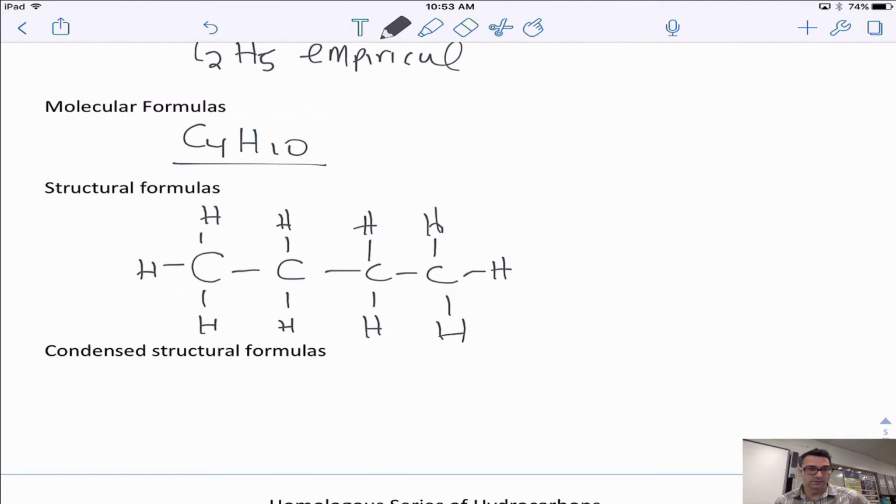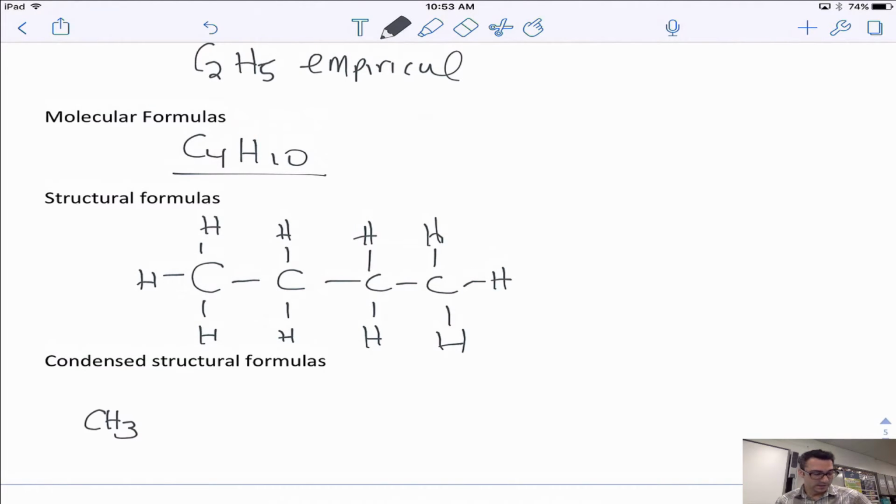Then I have CH2, which is my next carbon, another CH2, my third carbon, and my CH3, my last carbon. This shows all of my carbons still connected in the correct order, and it shows the number of each atom. So it's giving me a structure, but not showing me all of the bonds. You'll see both of these used throughout the chapter, so you have to be aware of them.